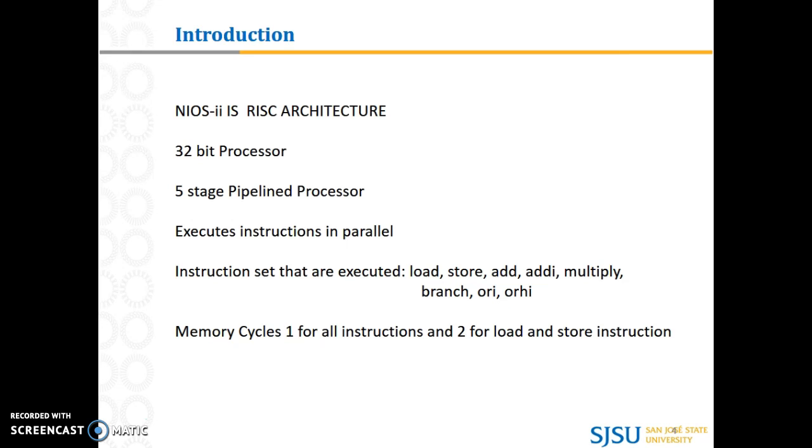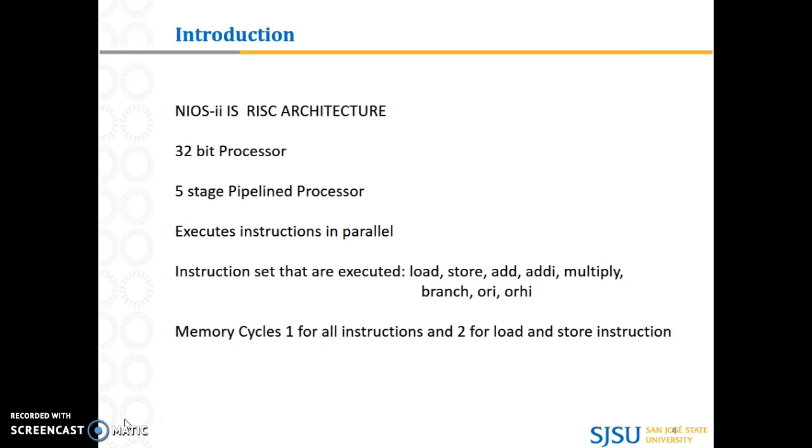So coming to the introduction, Nios II is a RISC architecture, which is a 32-bit processor. Basically it has various register sets which are 32-bit in size. The processor is pipelined to 5 stages, so that each stage executes in parallel, and for every cycle you can execute each instruction.